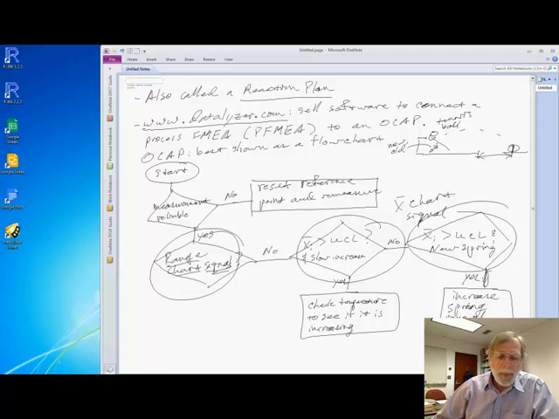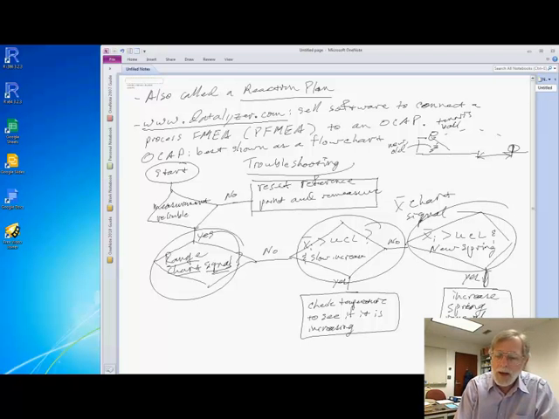So this can get pretty complicated, and operators need to be trained to react in an appropriate way, following the steps in this chart. And if you look at what's going on here, really, this is actually troubleshooting.